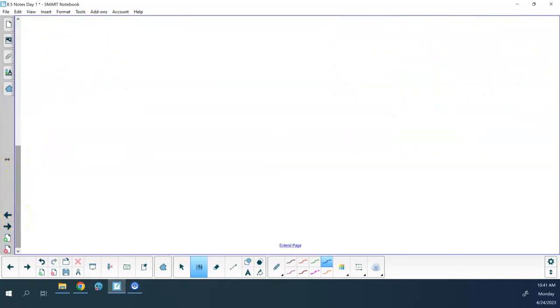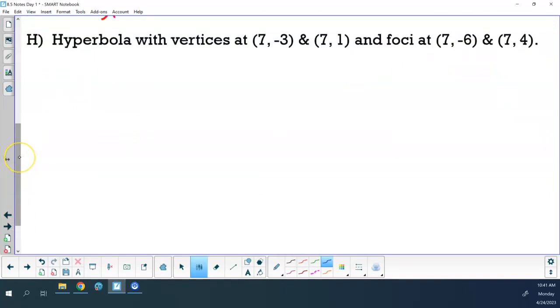Hyperbola now. Hyperbola with vertices there, so that looks like an up and down hyperbola. Because I've got a vertex up here at 7, comma 1. I've got a vertex down here at 7, comma negative 3. That would put my center right here at 7, comma negative 1.